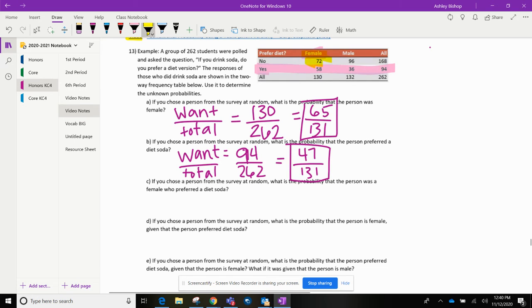But where the females, where those two columns and rows interact with each other and meet is going to be 58. There are 58 females that prefer diet soda. Out of my grand total, I still have my grand total, which is 262. And then if you take that and simplify it in your calculator, you will get 29 over 131.